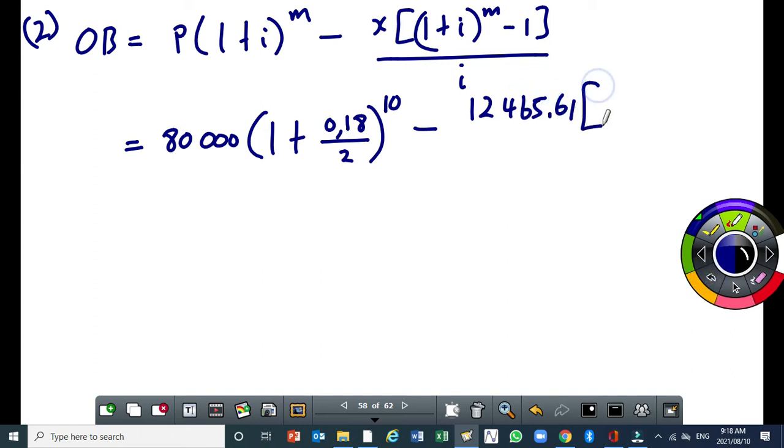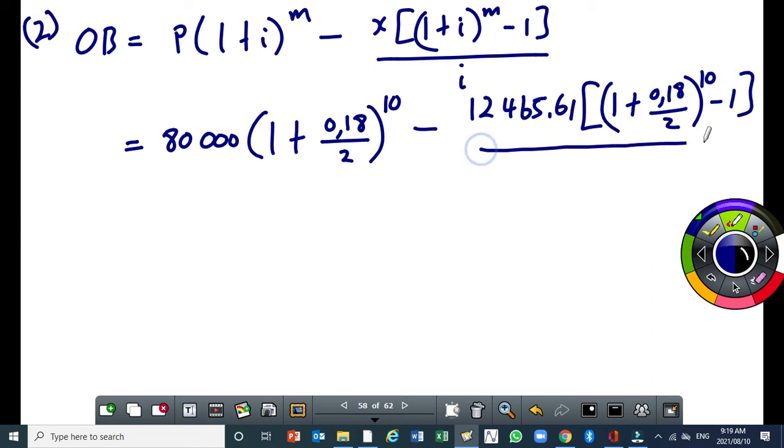Then we multiply that by ((1 plus 0.18 over 2) raised to the power of 10 minus 1), then we divide that by 0.18 over 2. So let's see how much he is owing.